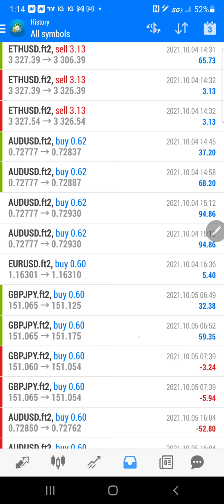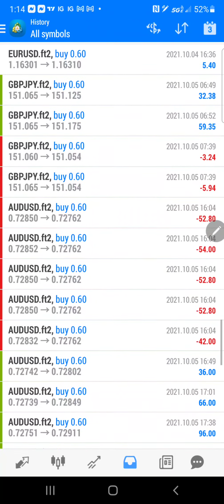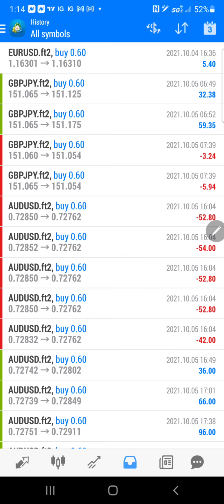Okay, and so now on the fifth, I actually didn't put these in there, but I did take some losses here as well, and that's something I actually want to go over. I did lose the first trade that I took that morning on Australian dollar US dollar.